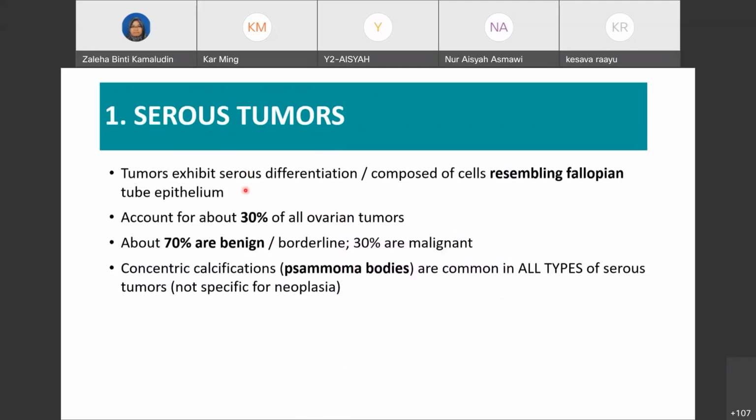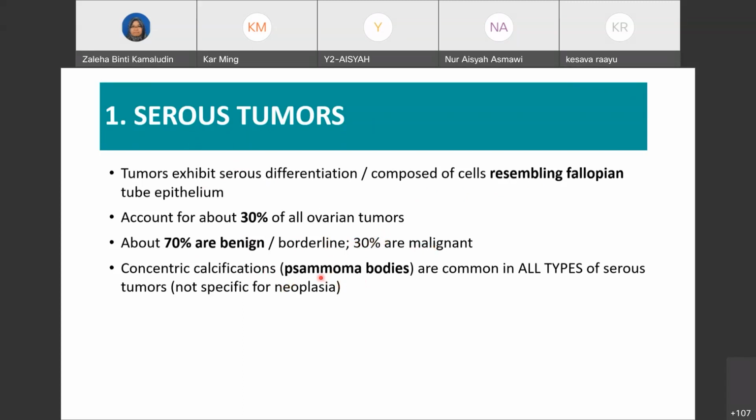Generally, this tumor exhibits serous differentiation, which means it resembles the fallopian tube epithelium, so it has cilia. Serous tumors occur in about 30% of all ovarian tumors, and most of them are benign, followed by borderline and malignant, which are around 30% in summation.